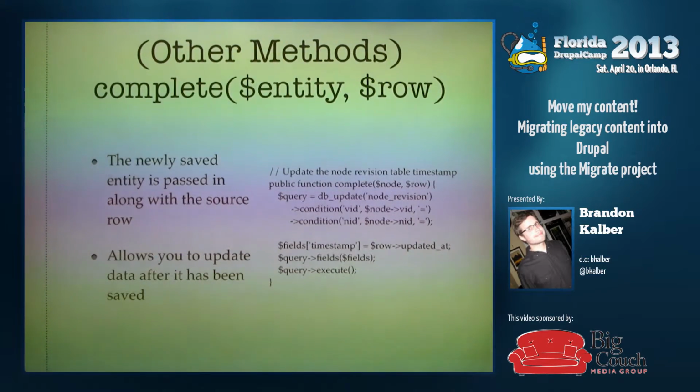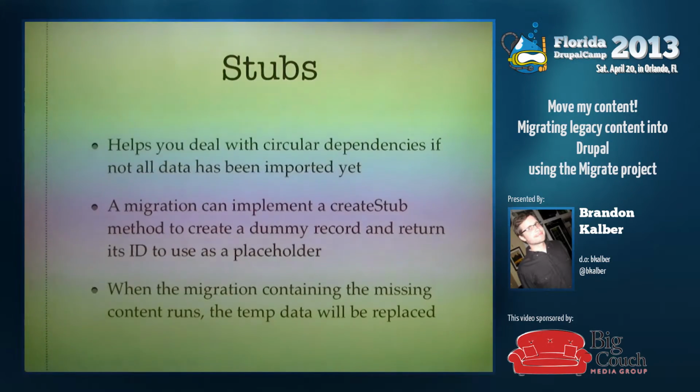Kind of the last big thing we're going to talk about, and I'm not going to spend a whole lot of time on it, but just so that you're aware of it, is stubs. One way that Migrate helps you deal with circular dependencies, data that relies on other data, was a few slides back, where we talked about the source migration, where you say, hey, I've already imported my users, match up the UIDs for me for the node author.